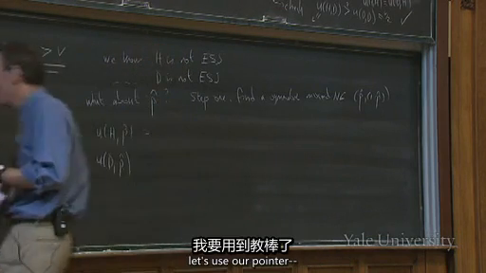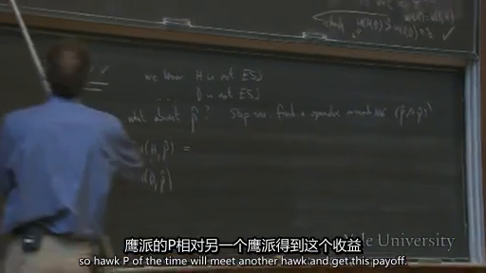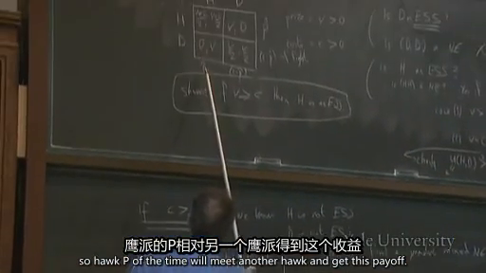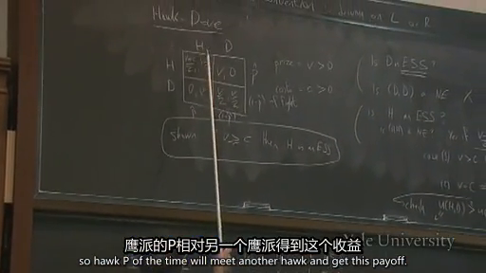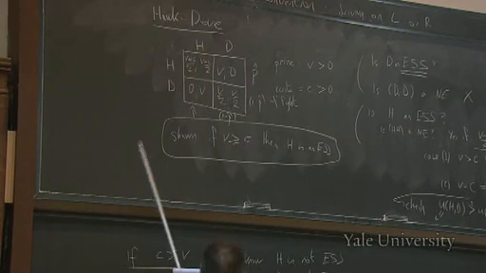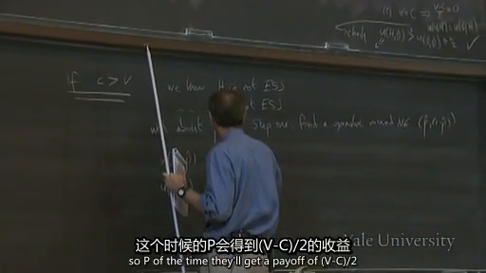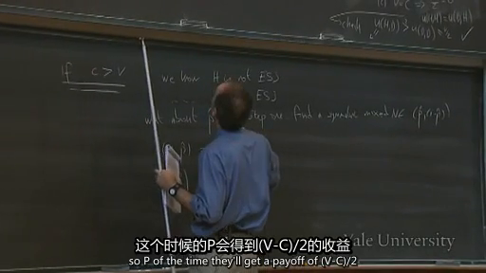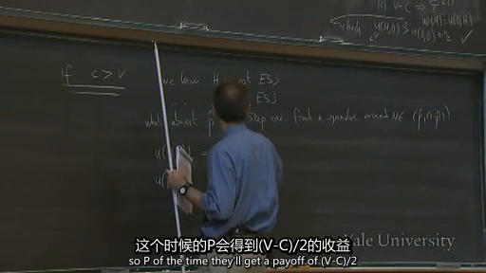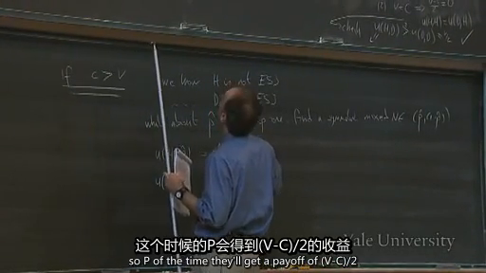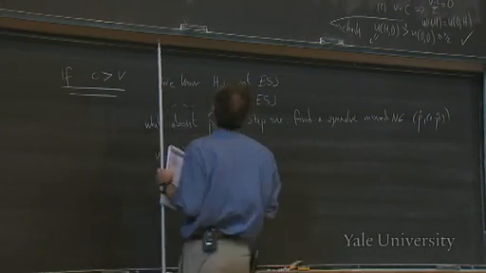Let's use our pointer. So hawk, P hat of the time, will meet another hawk and get a payoff of V minus C over 2.